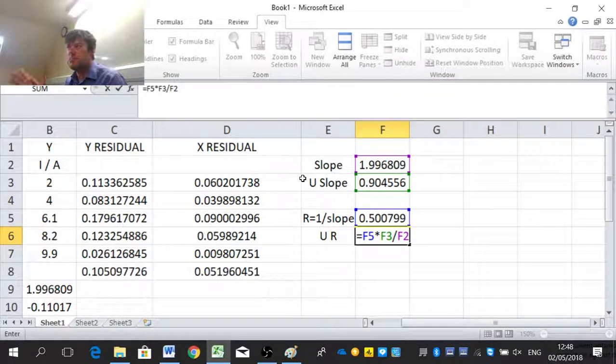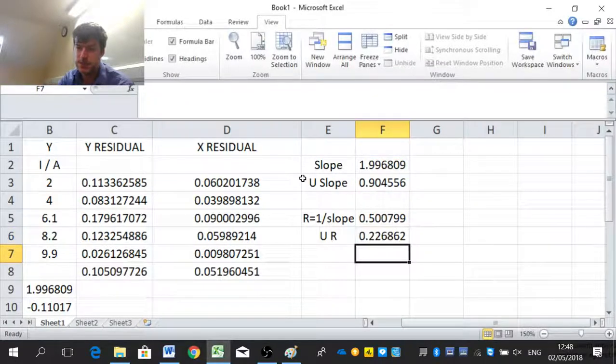I don't think it'd be as small as 0.1, because think about how big the error for the slope was. So I'm guessing something like 0.2, 0.25. Let's see. Yeah, 0.22. So if we were to use this experiment to calculate R, our result is 0.5 plus or minus 0.22.